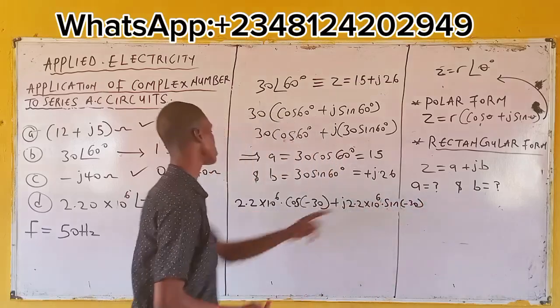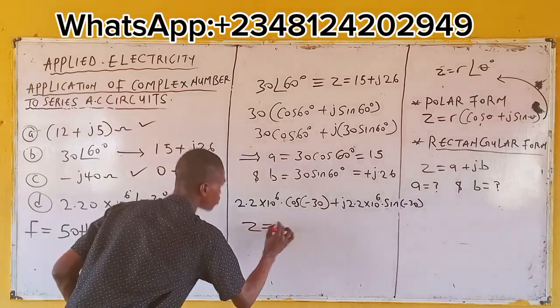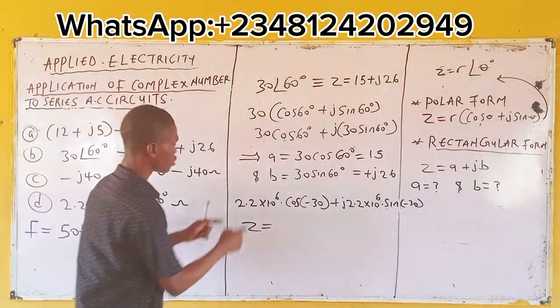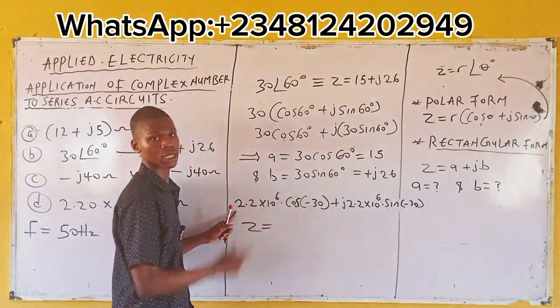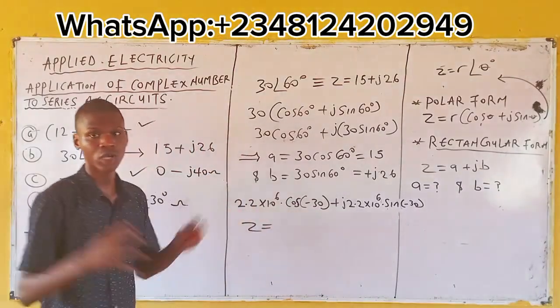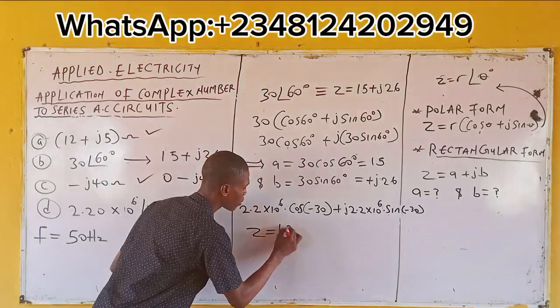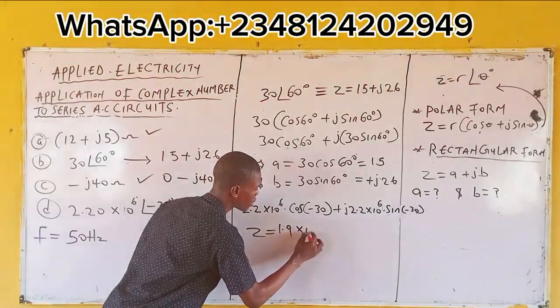All right, input this in your calculator, meaning Z is equal to what? Do it this way. 2.2 cos negative 30. Then our answer, multiply by this to avoid larger number. 1.9 times 10 raised to the power 6.